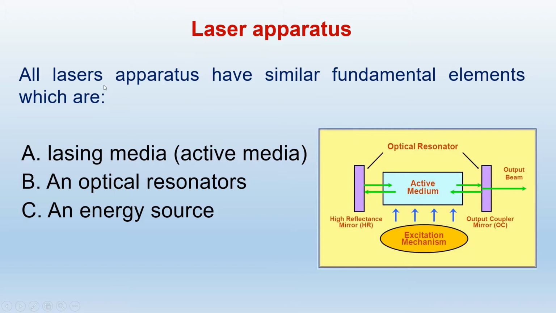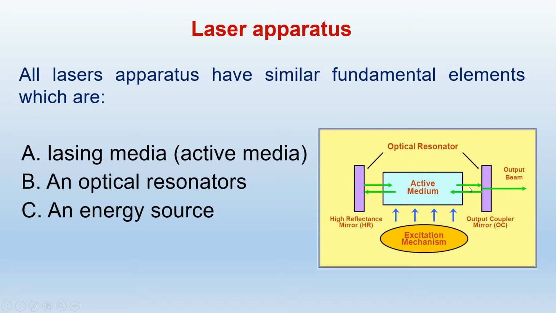All lasers contain 3 fundamental elements. Firstly, the active media, which determines the type of laser; a source of energy that causes excitation of the photons in the active media; and optical resonators in the form of 2 mirrors, one of them highly reflective and the other a partially reflective mirror.